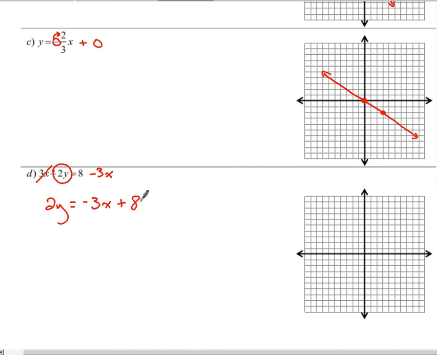If I divide everything by 2 now to get y by itself, dividing 2 to each term over here, I've got -3 divided by 2, so -3/2 x, plus, I've got 8 divided by 2, 4. There's my slope-intercept form. On the y-axis, I travel up to 4, plot a point. Got -3/2, so from that point, I go down 3 and 2 to the right.